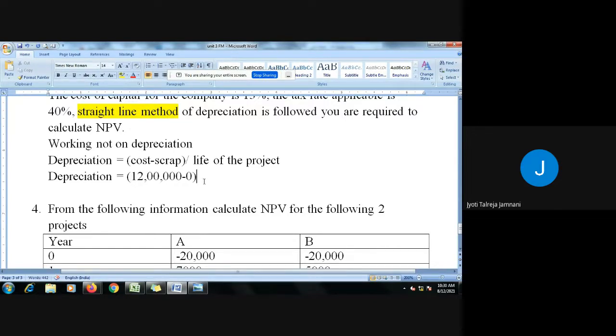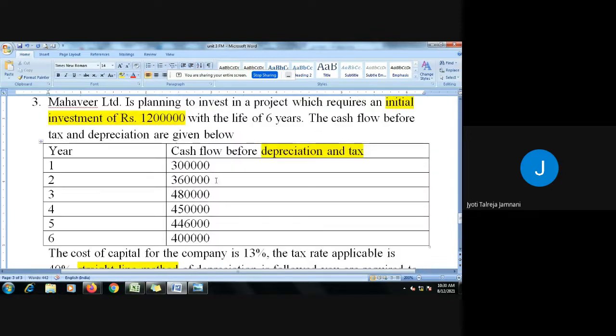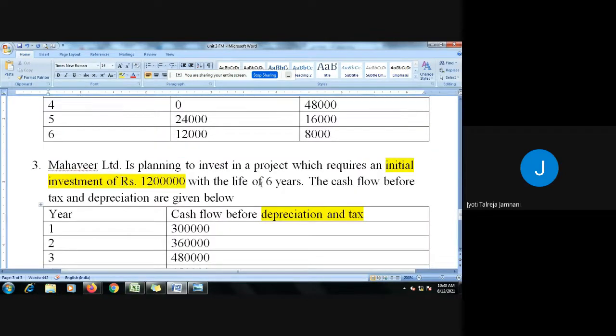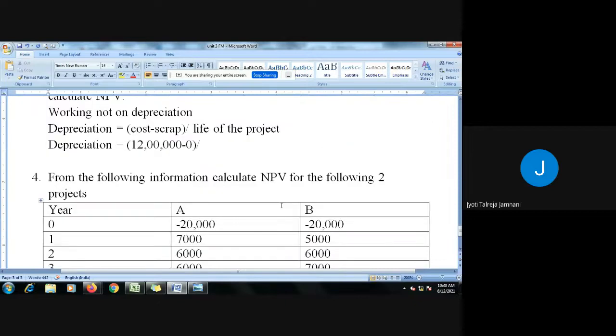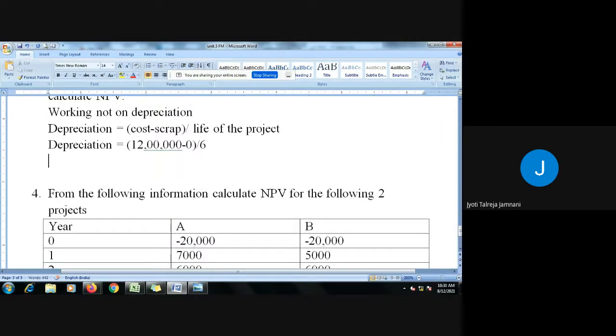So now we should see for how many years this project is going to work. So it's going to work for 6 years. So the life of the project is 6. So if we do 12 lakh divided by 6, we will get the depreciation amount as 2 lakh. So this is the depreciation, 2 lakh rupees.